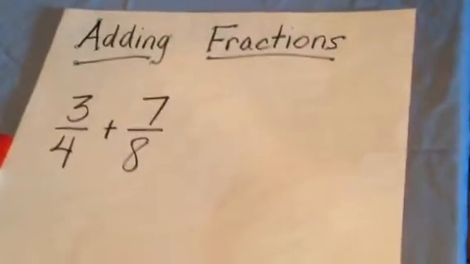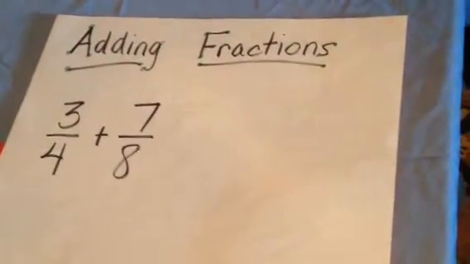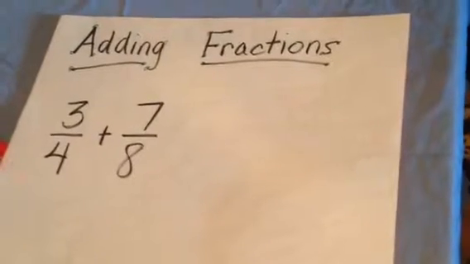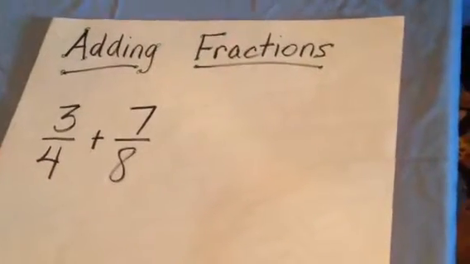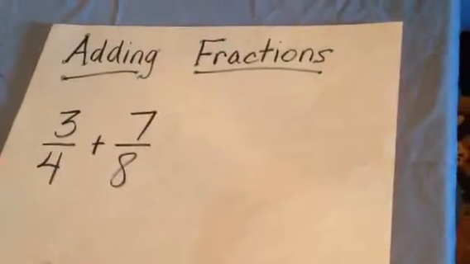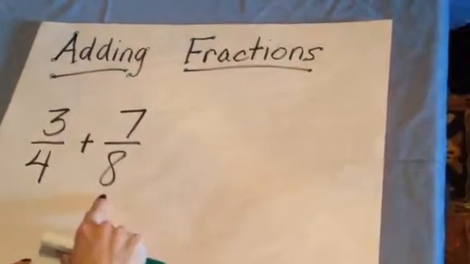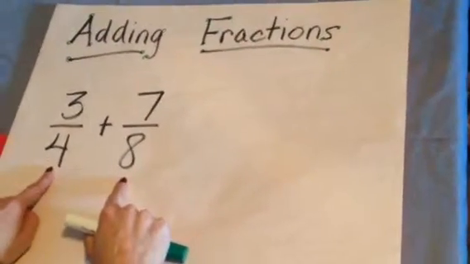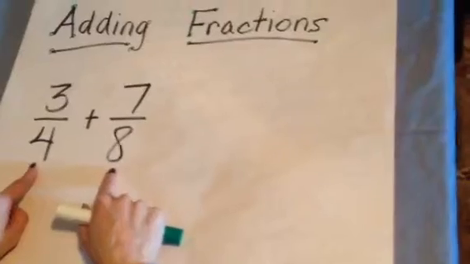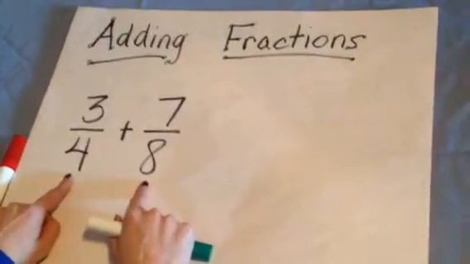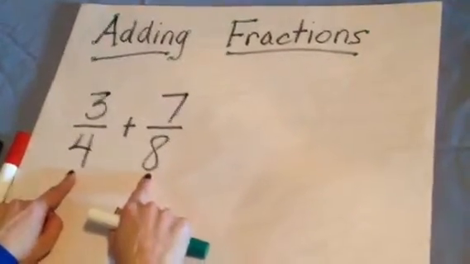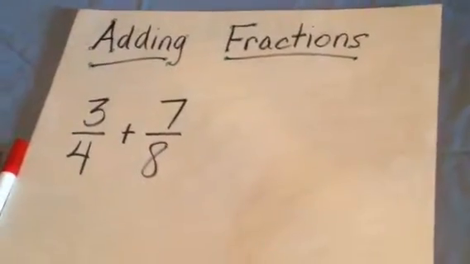We will begin with adding fractions, and the problem that I have prepared for us to work on first is 3/4 plus 7/8. This problem shows me that I have an 8 as a denominator and a 4 as a denominator, and I know that I have to have common denominators. So I can use the 8 as my common denominator by simply multiplying my 4 times 2.